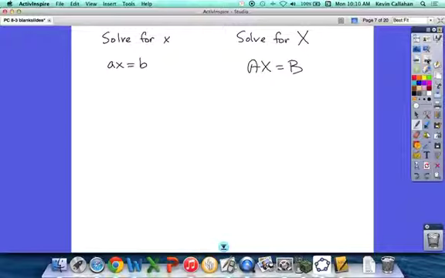If I had to solve it for x, what would I do? I would divide by a. But remember what we said last time: there is no such thing as matrix division. I can't do this, x equals b over a. That does not work. So the way we have to solve it is we need to come up with this concept of an inverse matrix, and then we're going to multiply both sides by this inverse matrix.